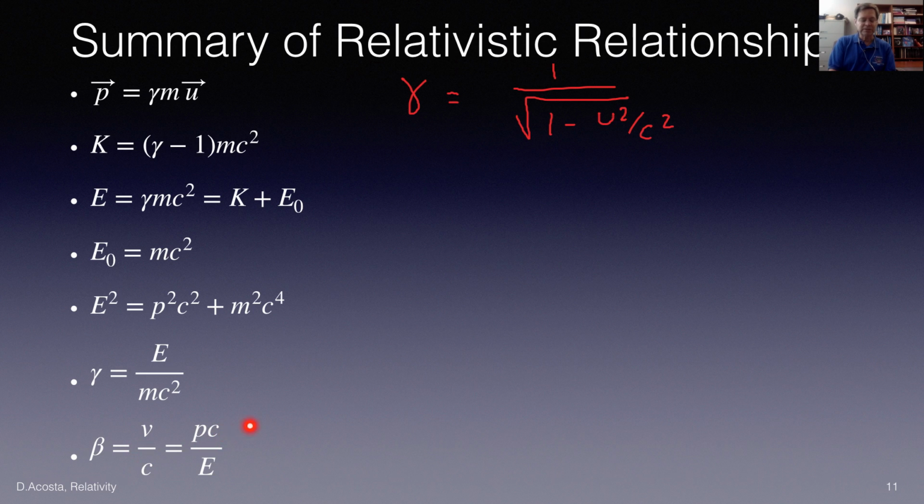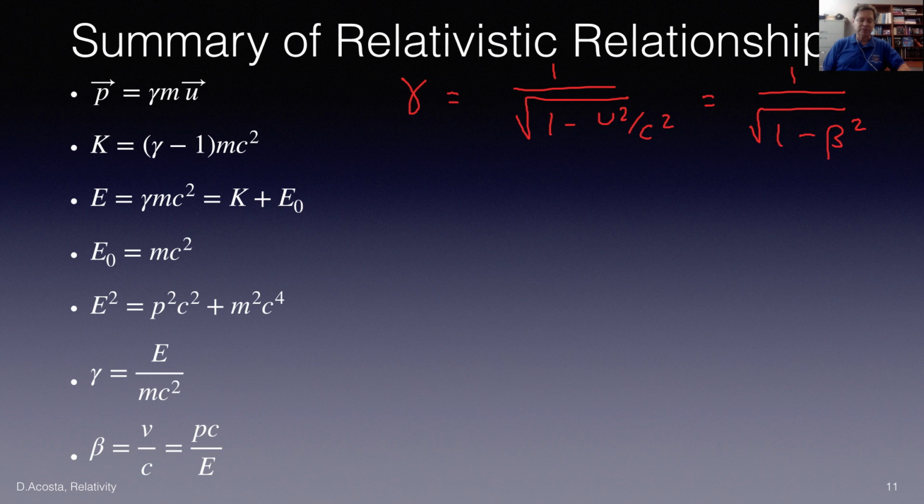That's just pc over E. So the momentum times the speed of light over E is how you can calculate beta quickly. And gamma can then be written as 1 over the square root of 1 minus beta squared. Okay, those are the equations we've learned to date.